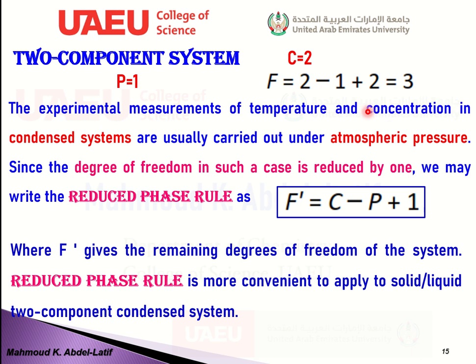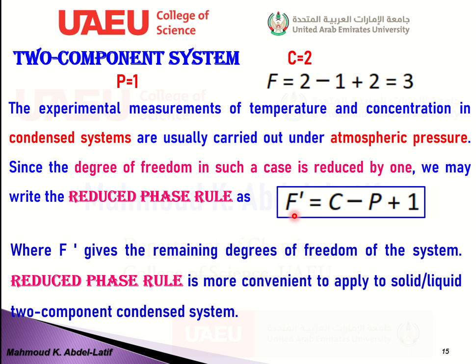So the experimental measurements of temperature and concentration in the condensed phase are also carried out under atmospheric pressure, so the pressure is constant. Since the degrees of freedom in such a case are reduced by 1, we may write the Gibbs phase rule in another form, which is called the reduced phase rule.